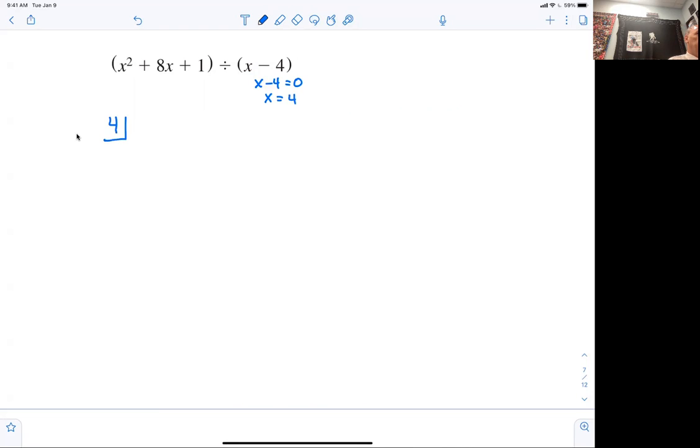Now, the coefficients go next. 1, 8, 1. Does everybody see where those numbers came from? Yeah, the coefficients. Now what you do is you leave a space, put a line right there. And you'll be amazed at how fast you can do the division.